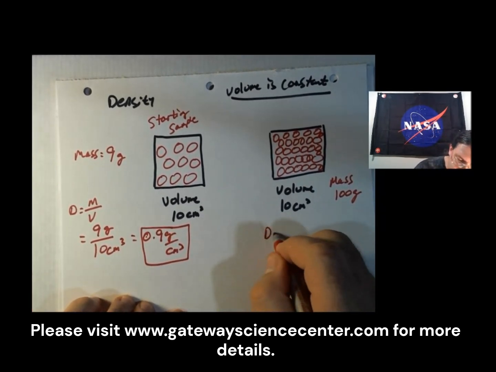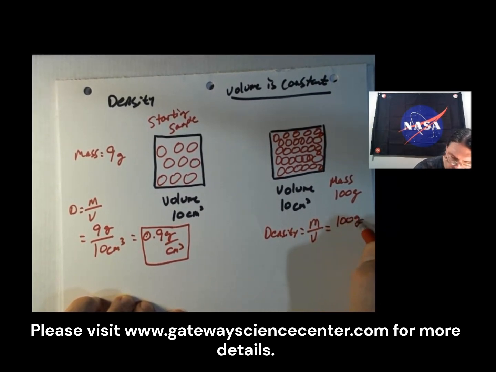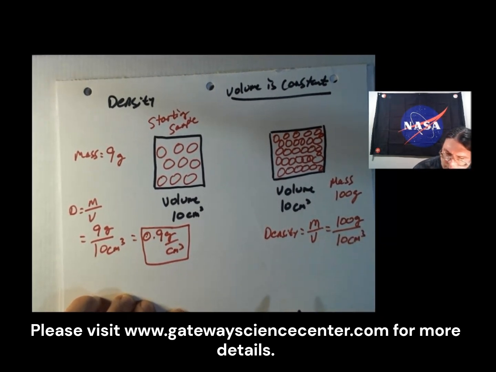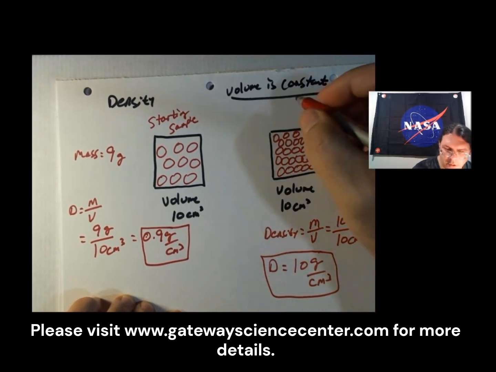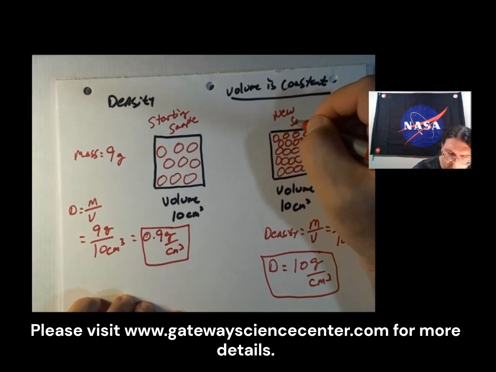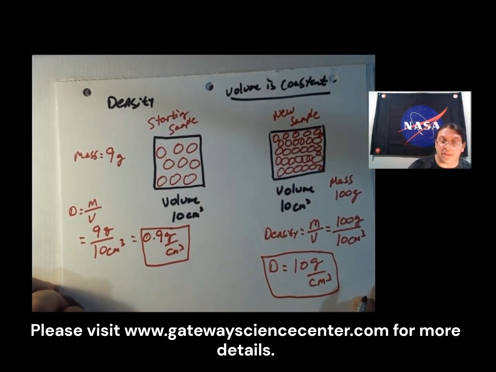So my density is equal to mass over volume, which is 100 grams over 10 centimeters cubed. My density then equals 10 grams per centimeter cubed. This is my new sample. Same material, I just changed the amount of mass in the same volume.